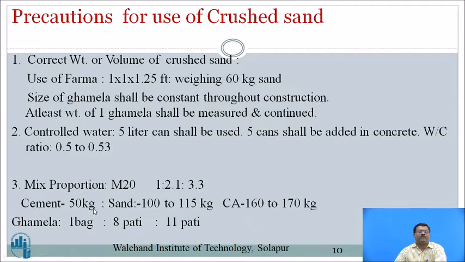So, cement is 50 kg, sand is 100 to 115 kg, coarse aggregate is 160 to 170 kg, and in the form of gamela, it is 1 bag cement, 8 gamela fine aggregate, 11 gamela coarse aggregate. So, 1:8:11, 1 bag cement, and these are the volumes for fine aggregate and coarse aggregate. This precaution shall be taken.